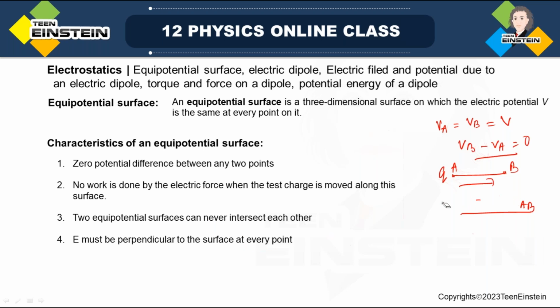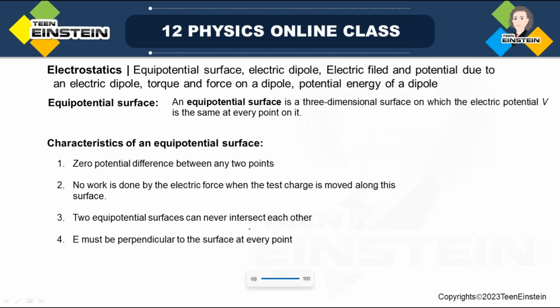Okay, so here I'll tell you, or we can prove it, how or why electric field must be perpendicular to the equipotential surface at each point. Why do you think that this should be, the electric field should be, so electric field must be perpendicular to the surface? Why do you think this?